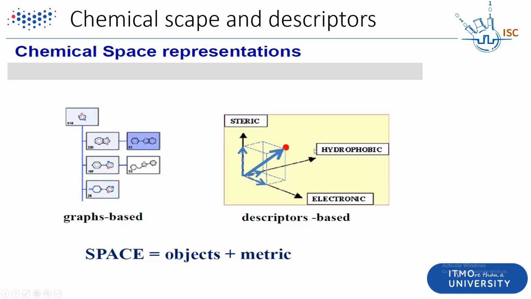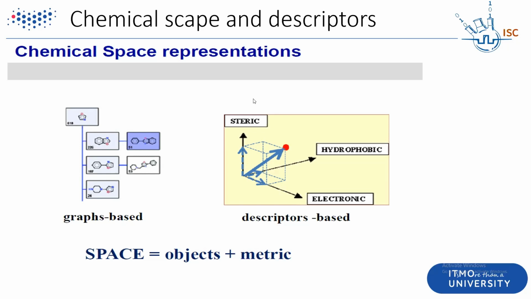On the other hand, the descriptor-based representations are, you got different properties, molecular properties like this, hydrophobic, electronic, steric properties. These are various properties, like right now we get up to 5,000, even more, descriptors.